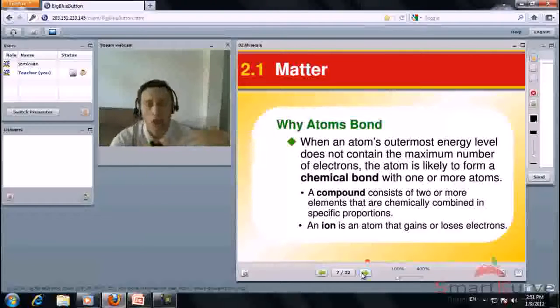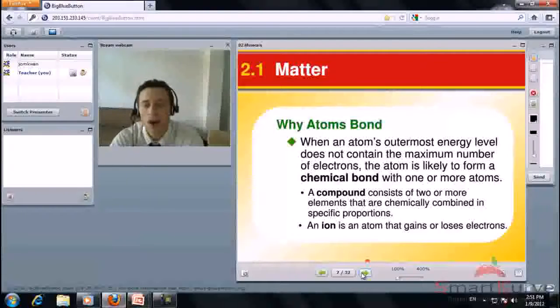Remember, I said earlier that electrons moving around the nucleus of an atom fill the different shells. So we have energy shells, electron shells on the inside and outside. Now that outermost energy level is going to determine the way an atom will bond to other atoms.